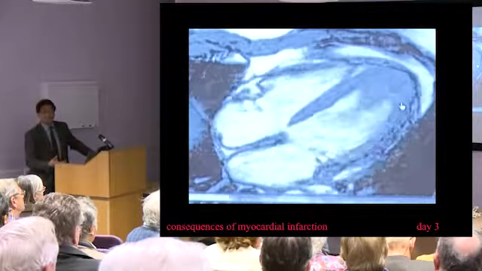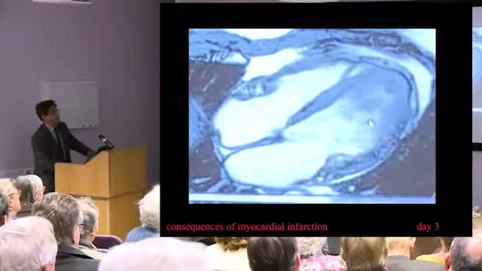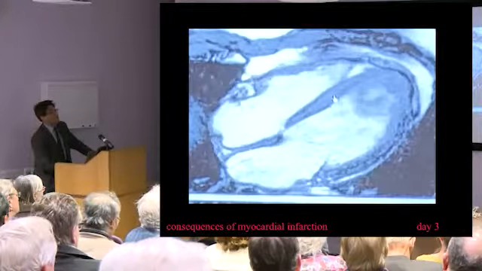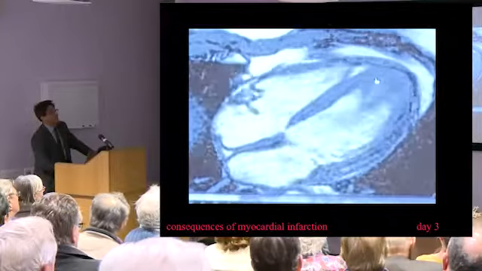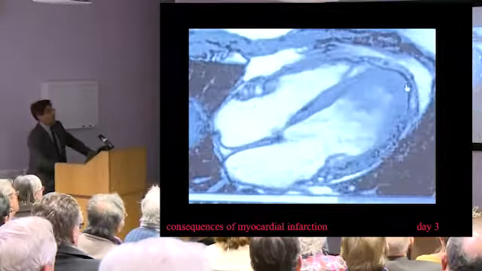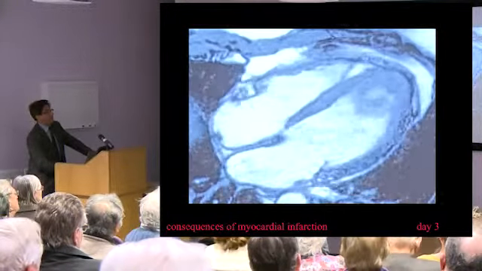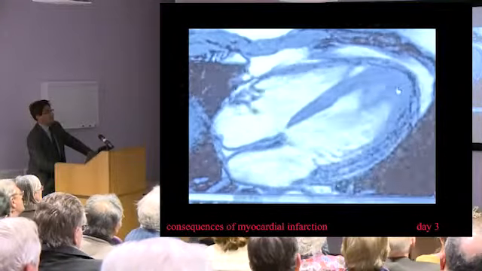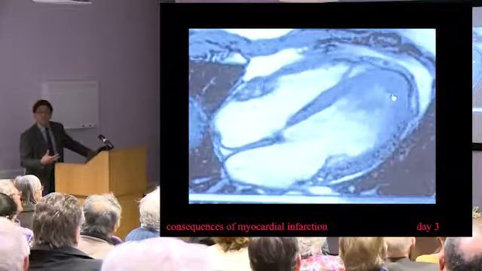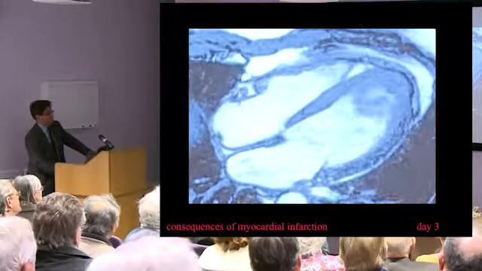So this is the consequence of myocardial infarction, seen now not in a post-mortem sample, but in vivo in a real patient. One of the other consequences of heart attack is that the muscle becomes, if you like, scuffed up and inflamed. And sometimes we see adherent to that scuffed up muscle a blood clot. And this round golf ball-like structure here is a blood clot which is adherent to the damaged internal surface of the left ventricle.